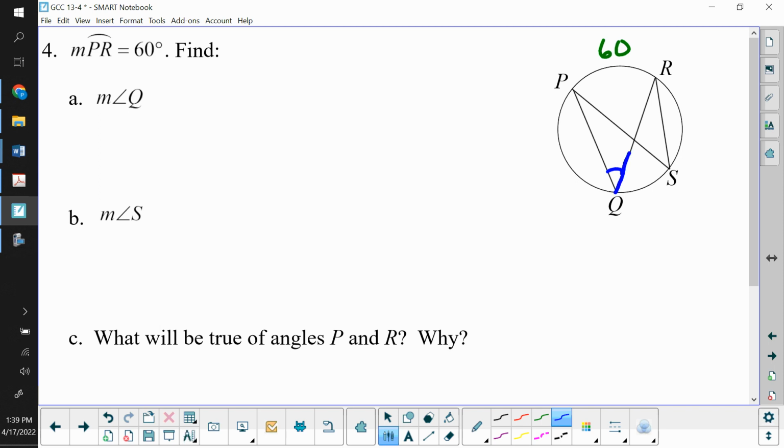Well, if you follow angle Q, it hits the circle at R and at P. So it should be half of this arc. Half of 60 is just 30. So angle Q here will be 30.